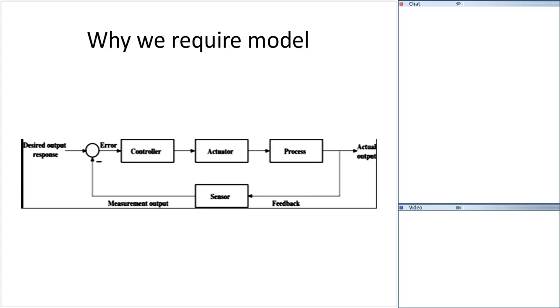As explained in the previous lecture, this is a typical block diagram of a closed loop control system. You have to achieve a desired output response by using a controller, an actuator, and by sensing and using feedback. So how do you do it?